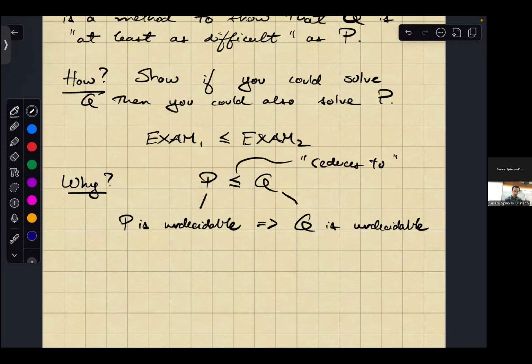The same logic holds for NP-complete or NP-hard reductions. So if I know that the problem on the left is NP-hard, right? Then this implies that the problem on the right is also NP-hard. Why?